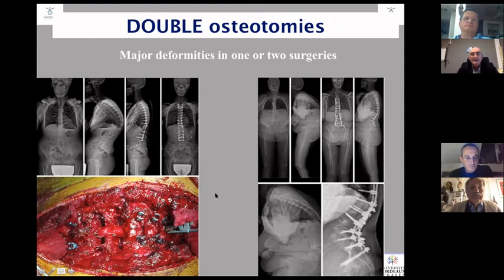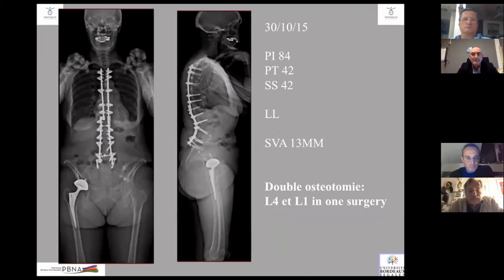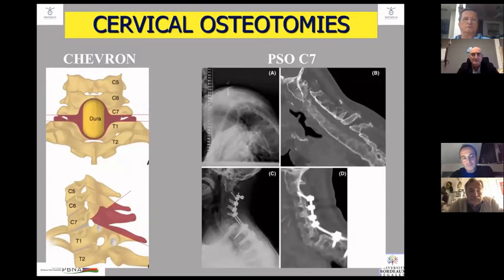In many cases, we did that at L4 or L5 for the first osteotomy, and T12 or L1 for the second osteotomy. And we obtain a good correction with this technique. A double osteotomy, L4 and L1 in this case.